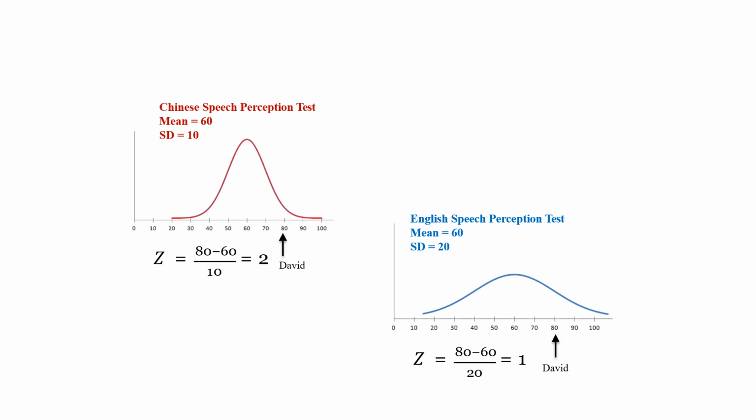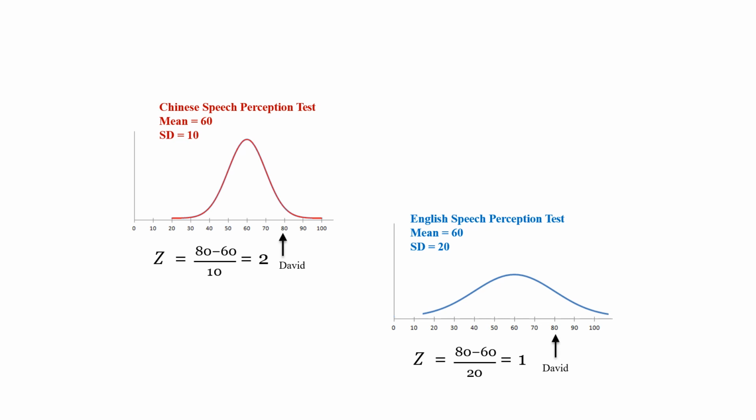Now let's look at where he stands, looking at the graphs. If we look at David's performance in the Chinese speech perception test, his Z score is 2. So it means that he is placed 2 standard deviations above the mean, which is 80.